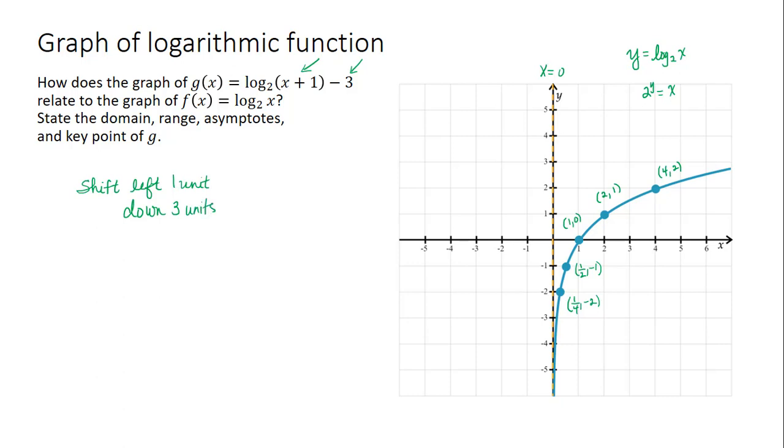We have to shift the asymptotes as well. So if we shift this vertical asymptote of x equals 0 left 1 and down 3, it will be at x equals -1.